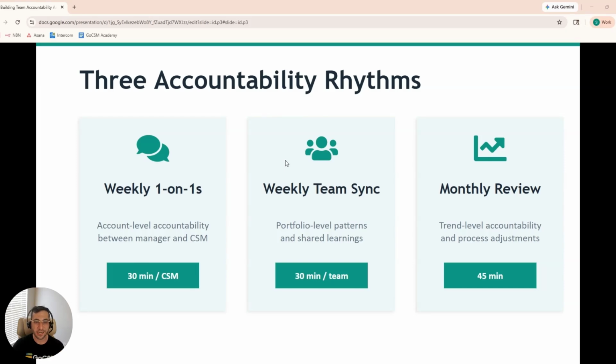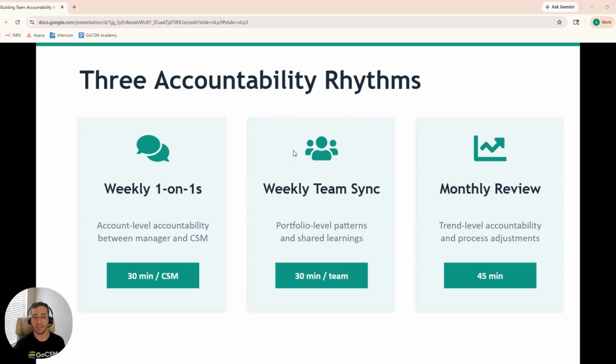There are 3 types of rhythms where this can apply. Weekly one-on-ones between a manager, director or owner and each CSM, about 20 to 40 minutes per person. A weekly team sync where the entire customer success team looks at portfolio-level patterns together, again around 30 minutes.